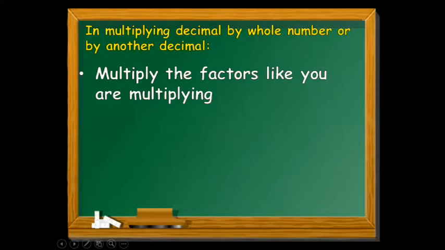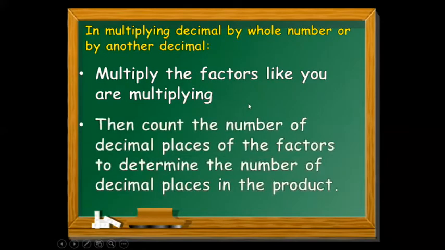And the next one, after we multiply, count the number of decimal places of the factors to determine the number of decimal places in the product. So bibilangan lang natin yung mga decimal point ng mga numbers natin, so we are able to know saan ba siya ilalagay doon sa ating product o sa ating sagot. So let's start with the problem.